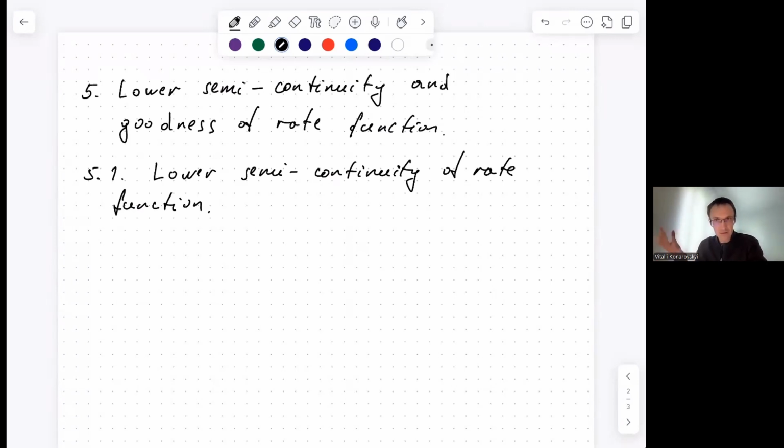And the answer is no, it is not the case, if you don't assume any additional properties on the rate function.